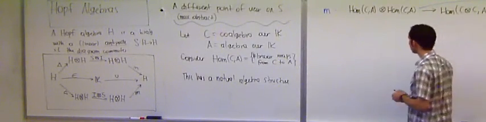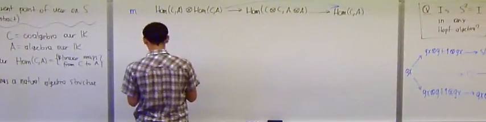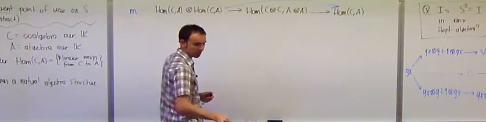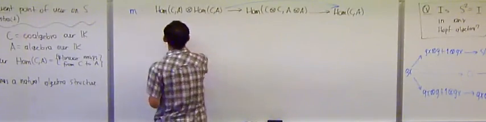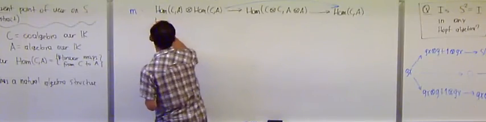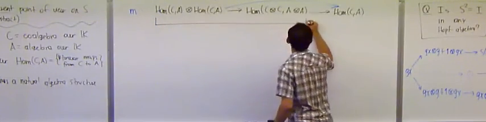So how does this go? Let me first define one side and then the other side. Let's figure out what this map needs to be.